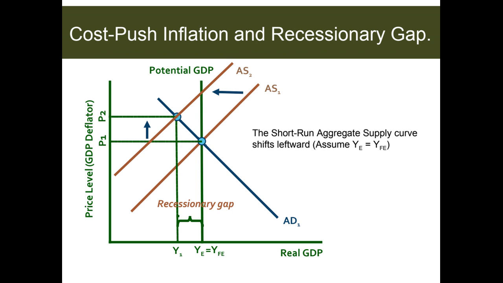This inflation is called cost push inflation. So when prices are soaring because of an increase in the cost of production, that is called cost push inflation. Although we do not calculate inflation using the GDP deflator, we can explain the same thing using the consumer price index as well.